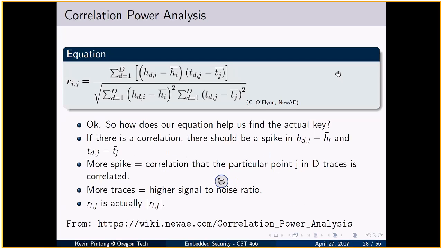So how does our correlation equation actually help us find a key? If there's a correlation, there should be a spike at H sub Di minus H bar I and T sub Dj minus T bar j. More spike equals a correlation at that particular point J in D traces, which means there's a strong correlation.